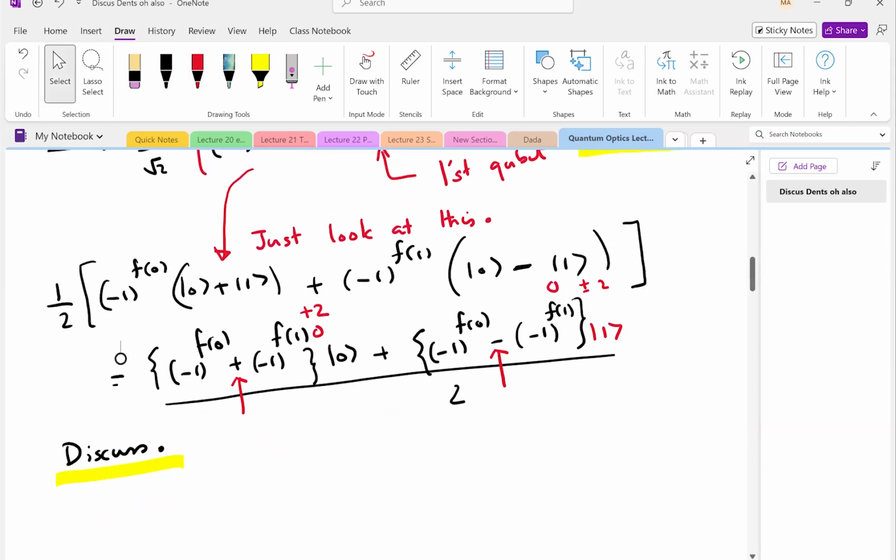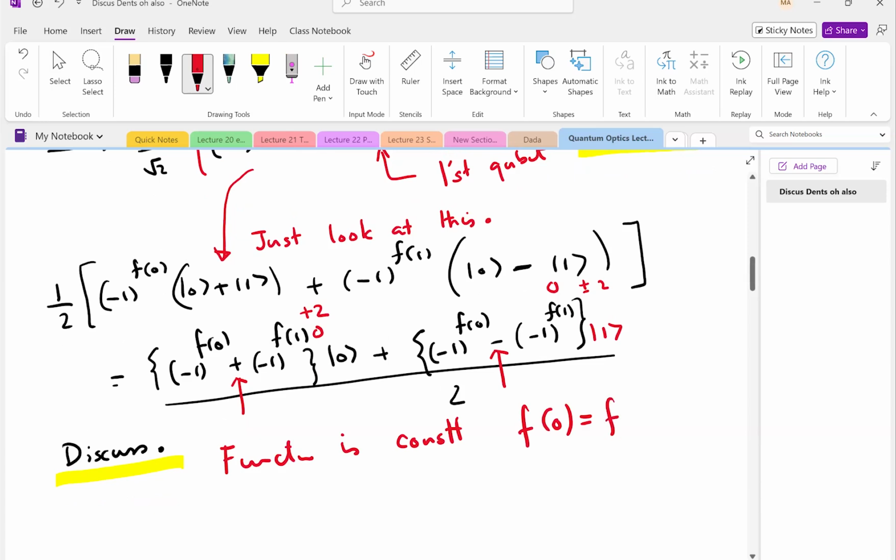Therefore, suppose the function is constant. Constant function means f of 0 equals f of 1. Now suppose this is 0. So this means that the second term will disappear.